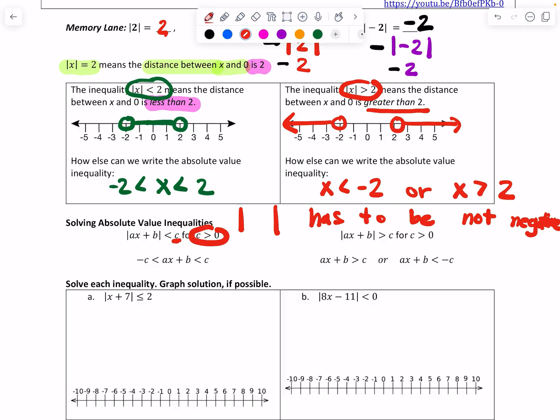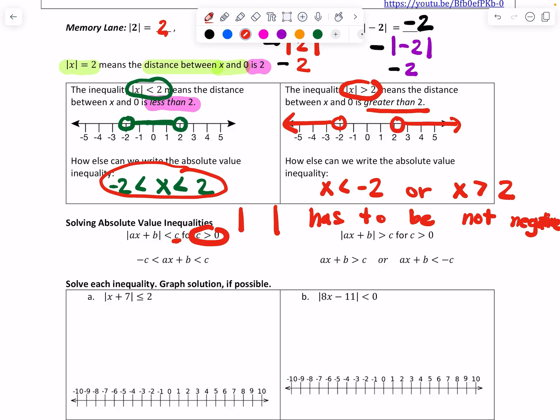When you're solving these, if it says that the absolute value is less than, it's going to follow this form. It's going to be the expression with x in between two less than symbols.